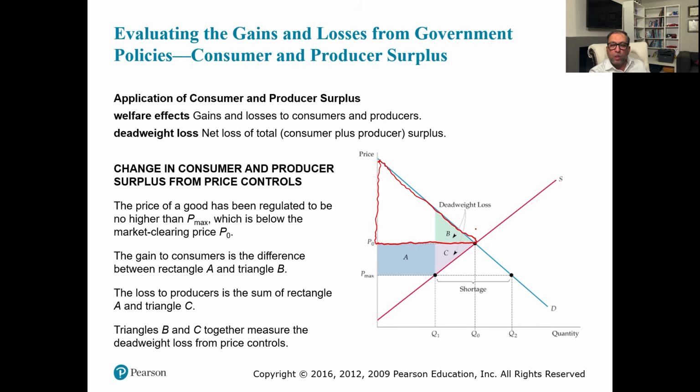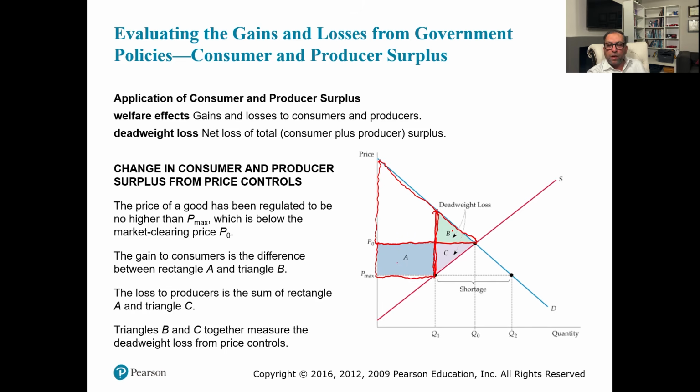Now by setting the price lower, the consumer surplus is increased by this rectangle A, but at the same time there is a reduction, a triangle B, because you see here this much. So consumer surplus is increased by rectangle A but reduced by B.